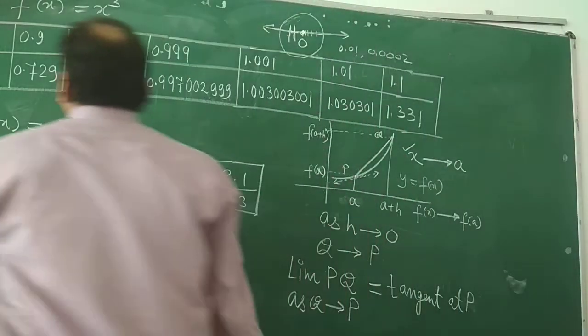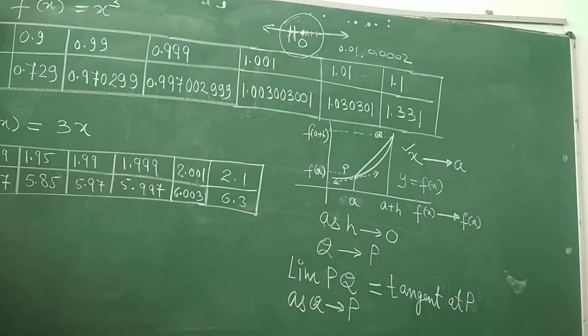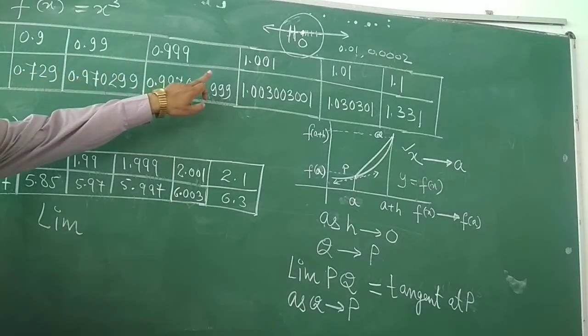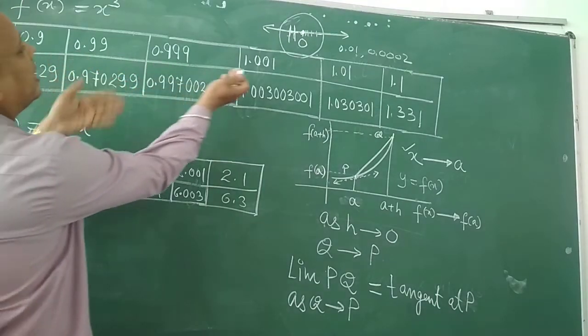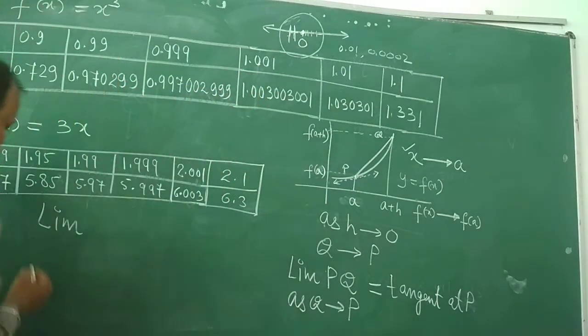A simple example: f of x is equal to x cube. I want to calculate the limit as x approaches 1. You can see that the values of x are nearer and nearer to 1. They are very much nearer.